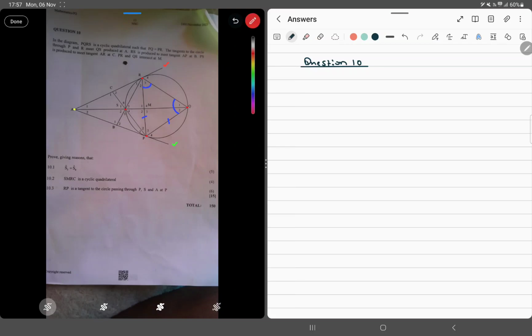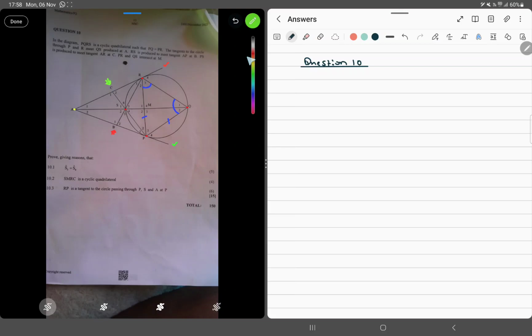Now what do we do next? The next piece of info is that RS is produced to meet tangent AP at point B. So this is where there is this intersection. Then we're told PS produced meets tangent AR, which is that tangent over there, at C. That is the place where things are happening.